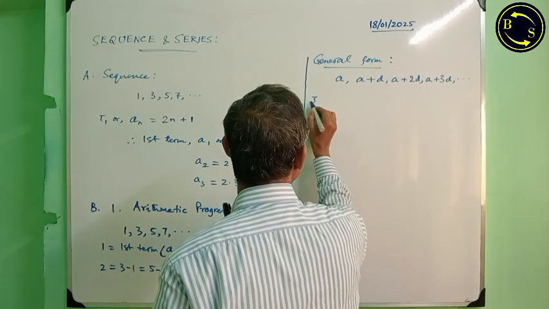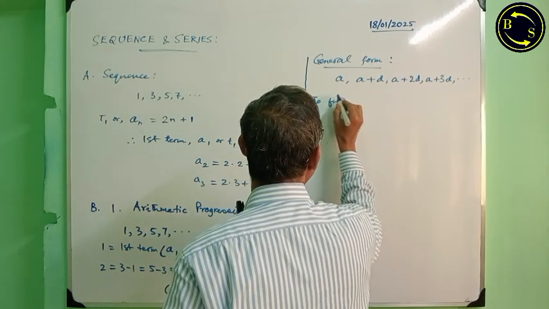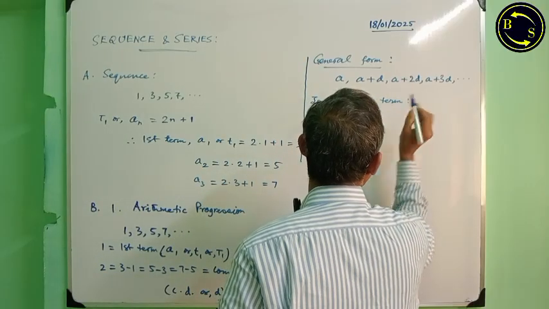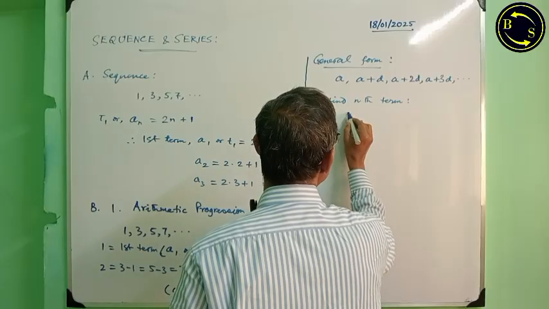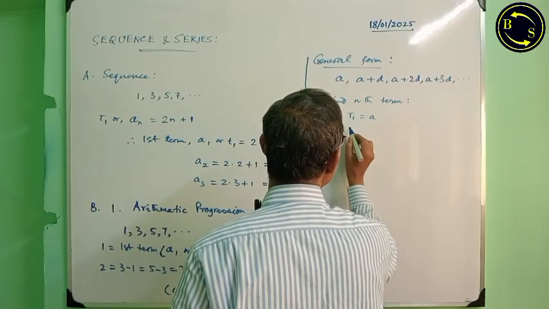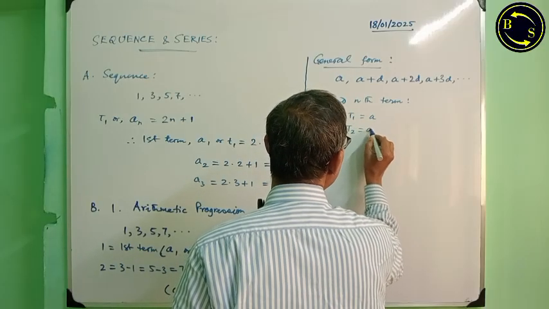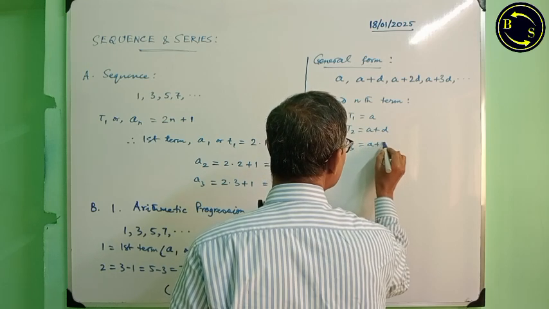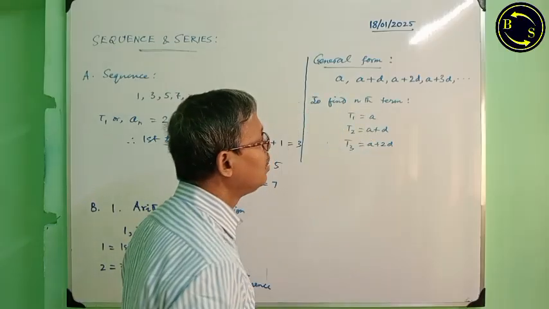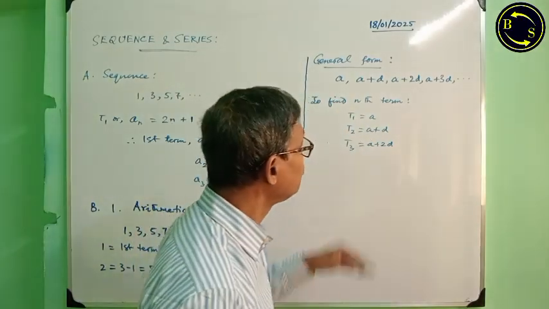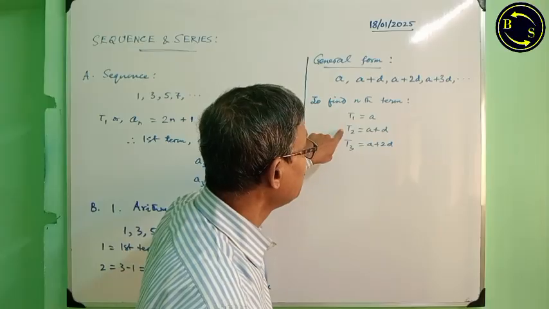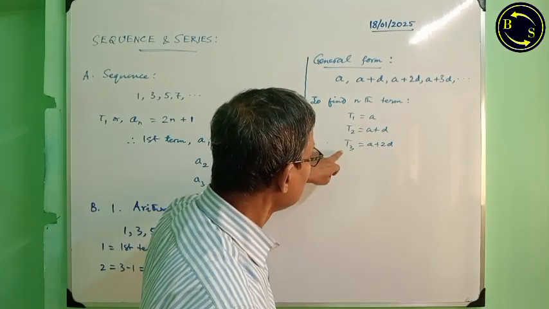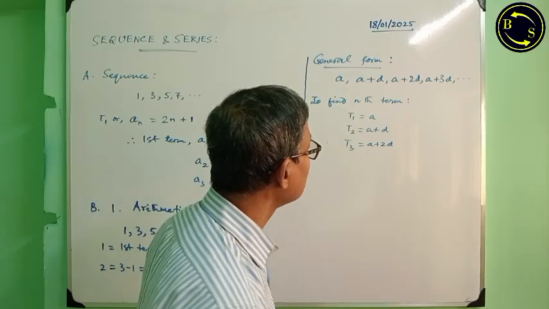To find the nth term, we see T1 is a, T2 is a plus d, T3, that is the third term, is a plus 2d. Already I have mentioned the difference is d, that means the second term is d more than the first one, the third term is d more than the second term.